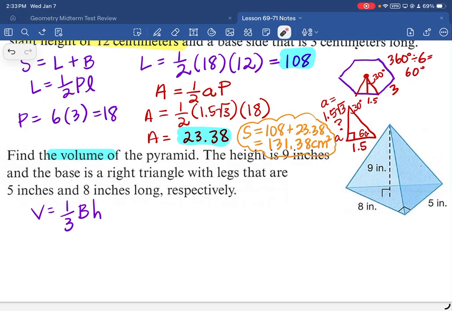Do you turn the paper this way, like that will be your base? Uh-huh. So base is 5, and then your height's 8. Mm-hmm. And remember, area of a triangle, base times height divided by 2. A lot of people forget to divide by 2.